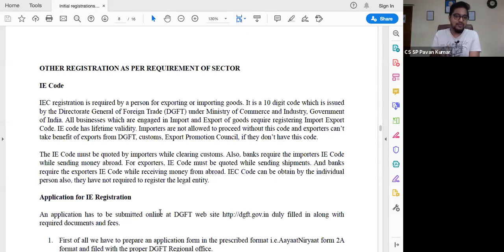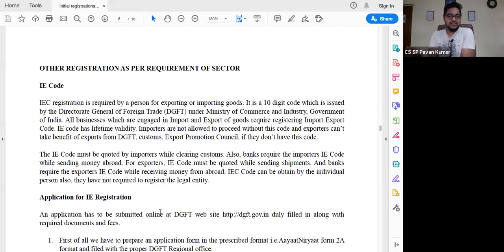So you have to make an online application on the DGFT website, along with an application fee of 500 rupees. By making this application, your IE code will be issued, which will be a PAN based number. What is this IE code, import export code? It is basically a reference number.